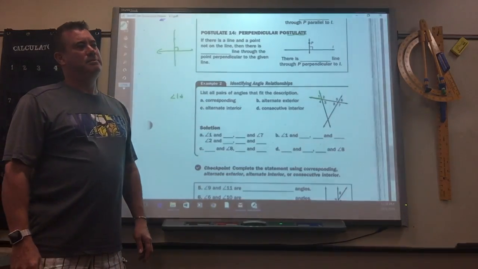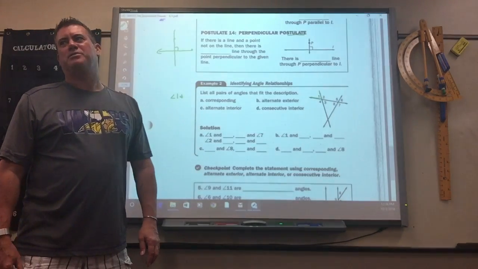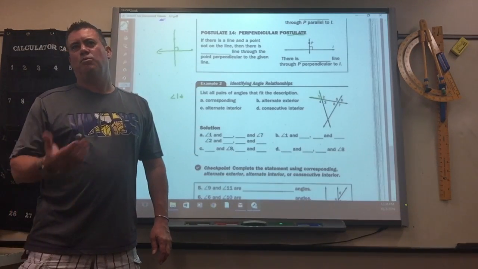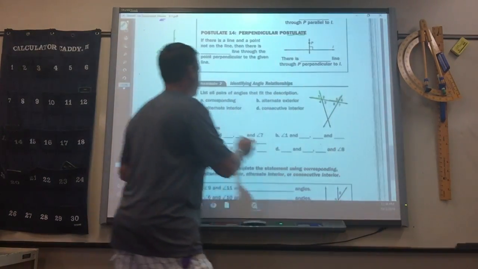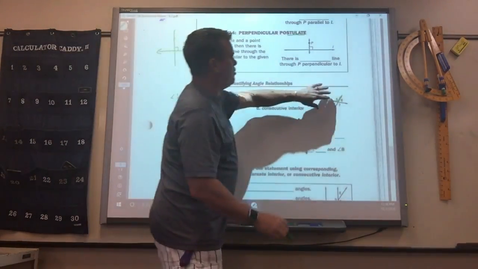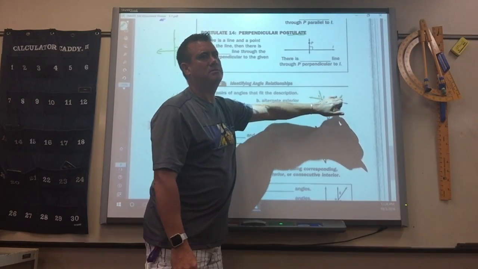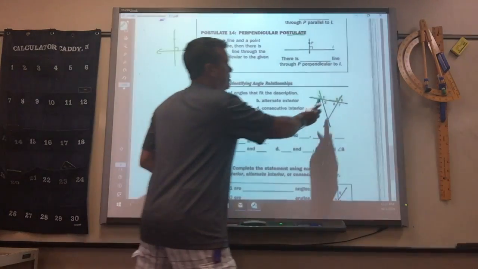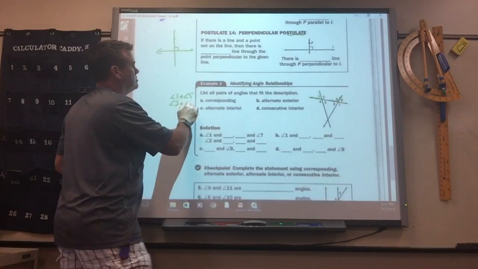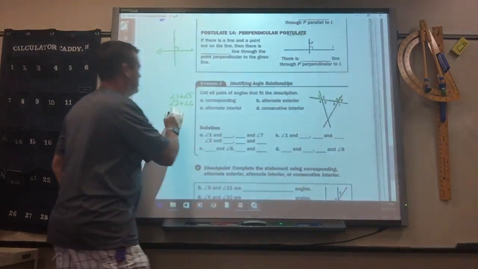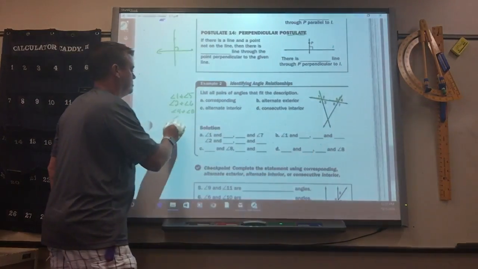Corresponding is the same position. What angle's in the same position? 5. Of these 4 angles, this is the top left, and of these 4, this is the top left. Okay? So then it would be 2 and 6, 4 and 8, and 3 and 7.